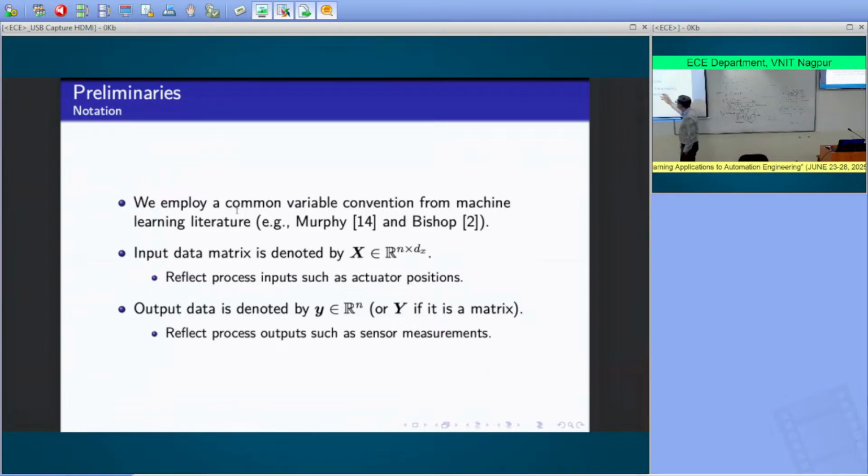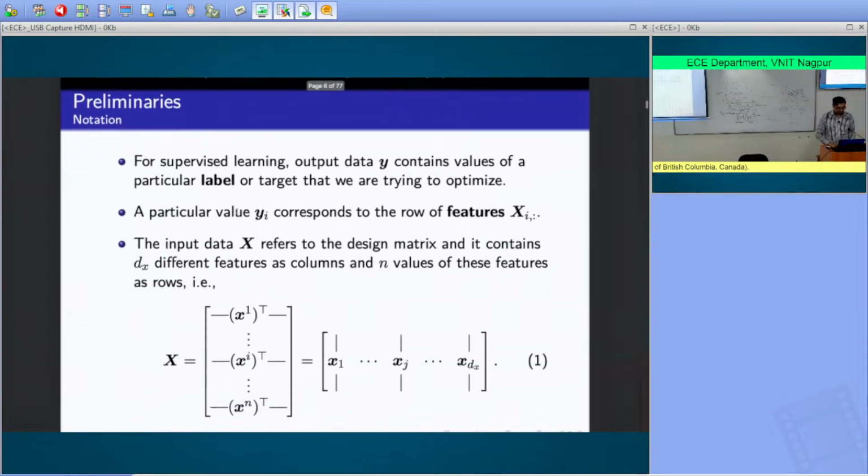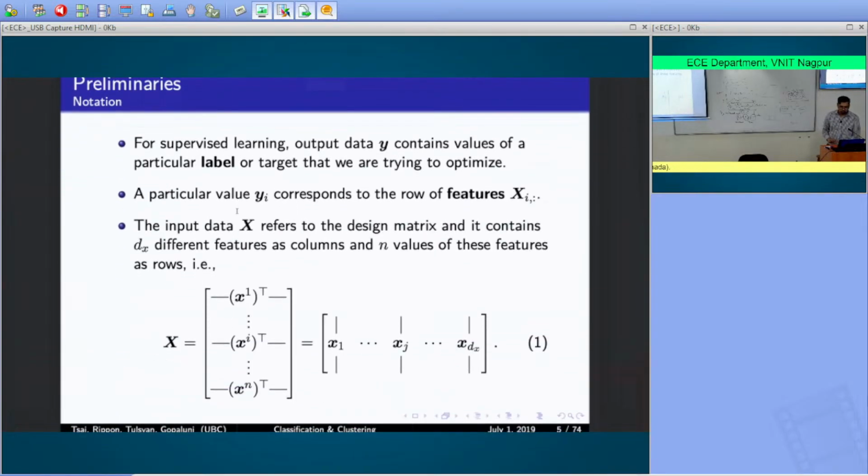It can also be a matrix, in which case we'll replace this dx with dy. These outputs are the labels. For supervised learning, output data y contains values of a particular label or target that we're trying to optimize. A particular value yi is the label of the corresponding row of features xi.